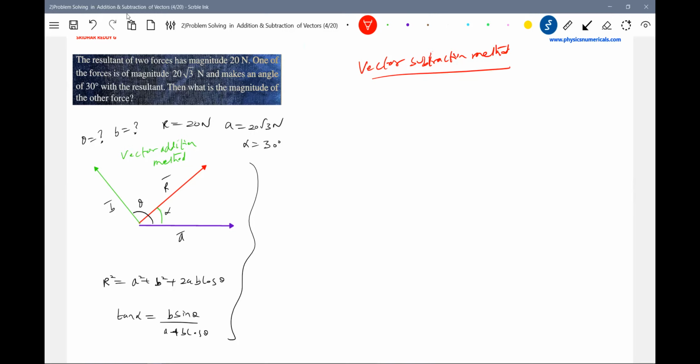In the vector subtraction method, here I'll treat A bar and R bar as two vectors, and the angle between them, let it be alpha. A bar is a vector, and R bar is a vector.